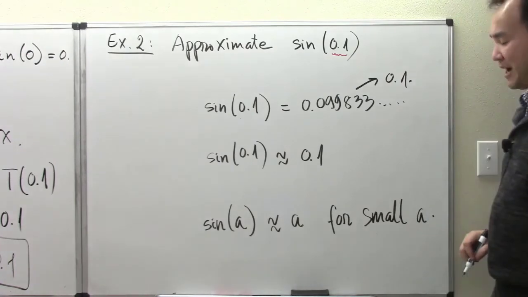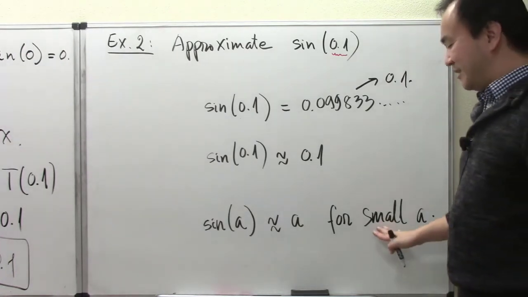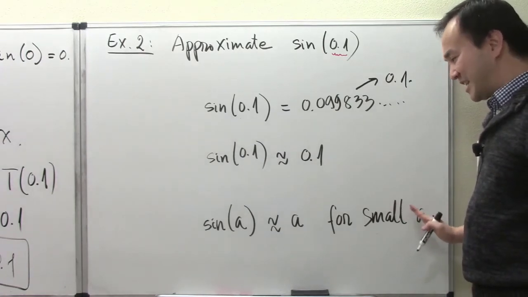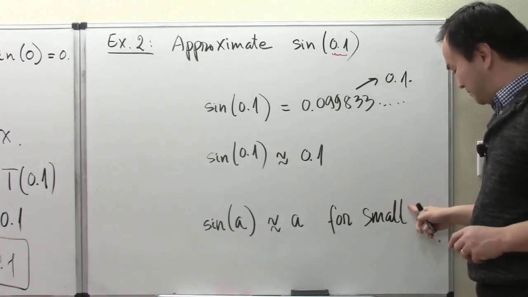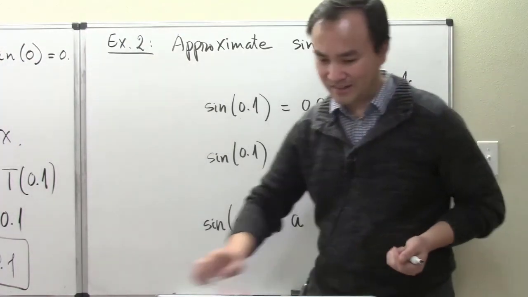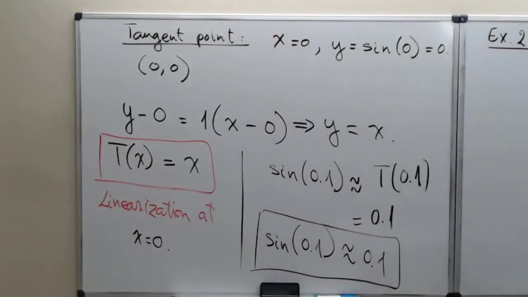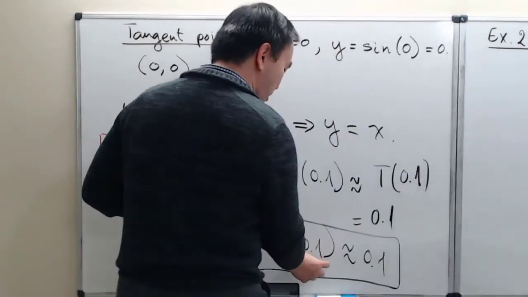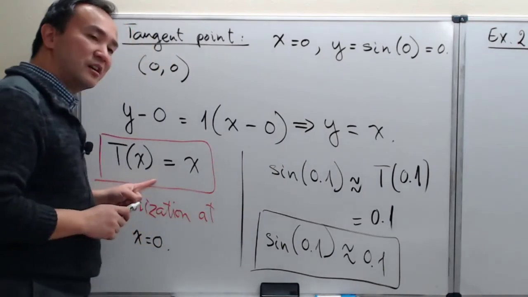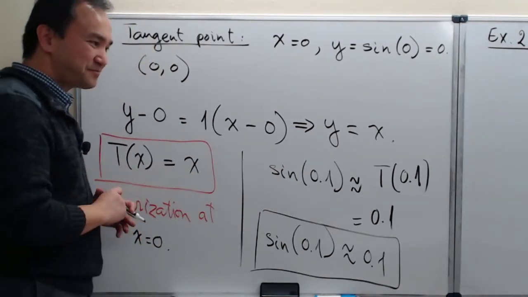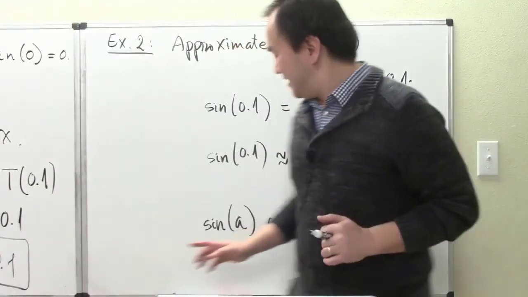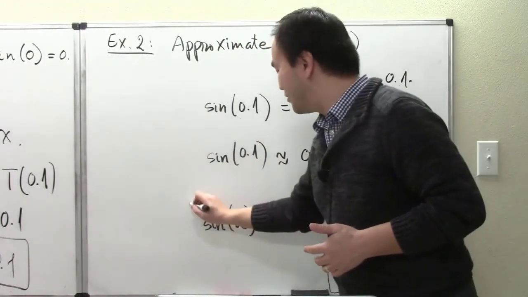Okay, for small a. It's a little bit abstract to say small a, but that's about the best the mathematicians can say. But the idea is, for values close enough to 0, because this problem is the origin of how it came out, the sine function is close to this linear line, T of x equals x. For that reason, right now it's just something for you to know.